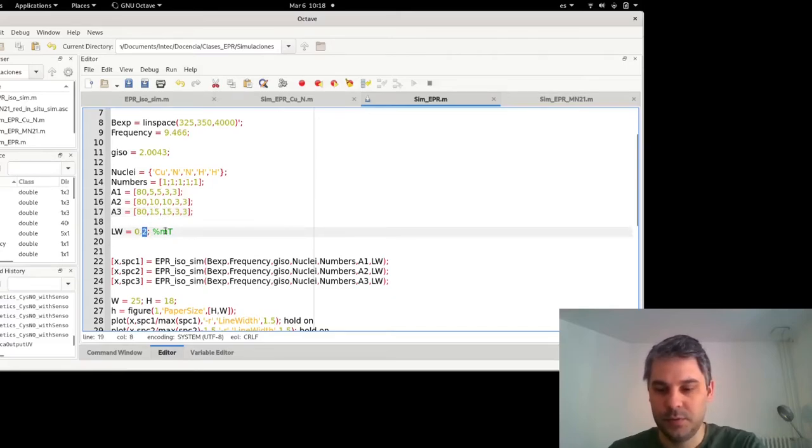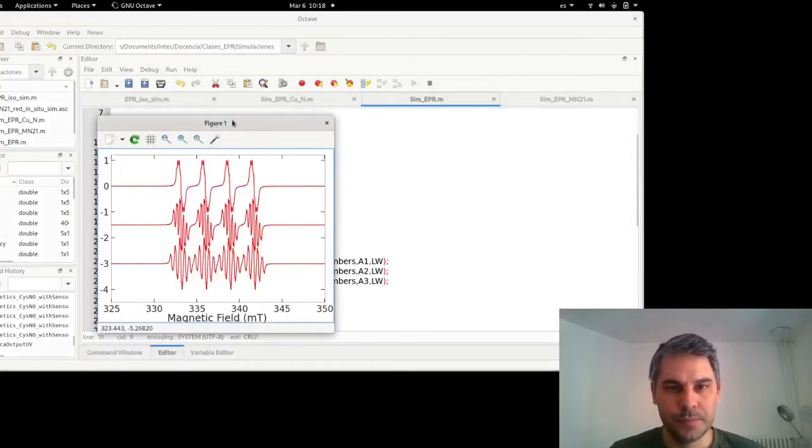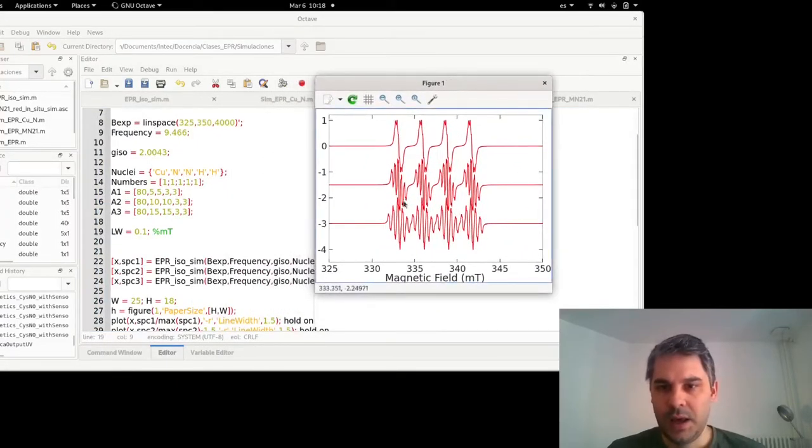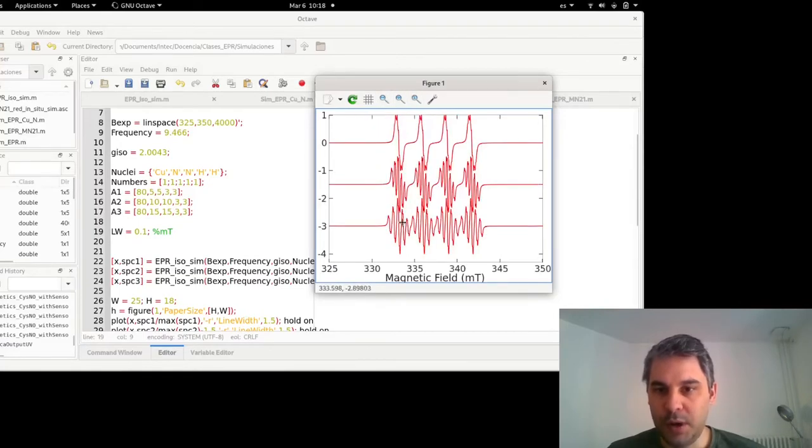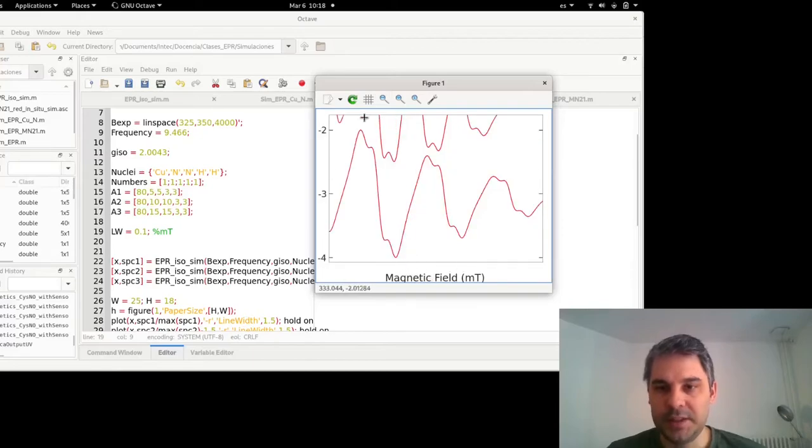Let's go to this value. And we can see here that we can still resolve. So each of these small lines has been split into 3 lines by these 2 hydrogens. The pattern of intensities would be 1 2 1, although it's very hard to see from the simulation.